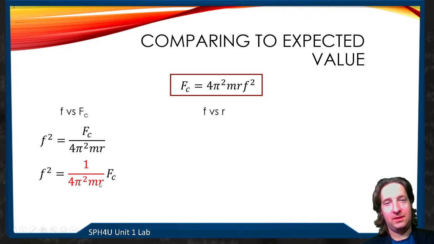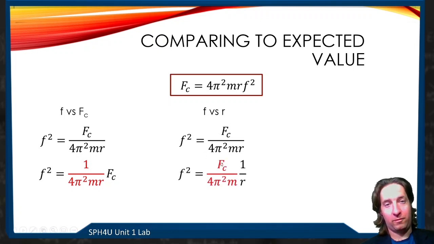And then you can do the same thing for the radius graph. If I isolate for f squared and I take the 1 over r out this time, now my dependent variable will be f squared, my independent variable will be 1 over r, and the slope of my graph will be the centripetal force, which we're not changing because we're not changing our number of washers, and we're not changing the spinning mass. We're only changing the radius. So the slope of my line will be this red term.